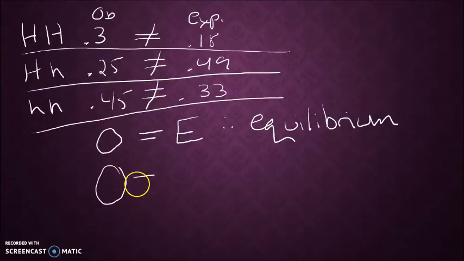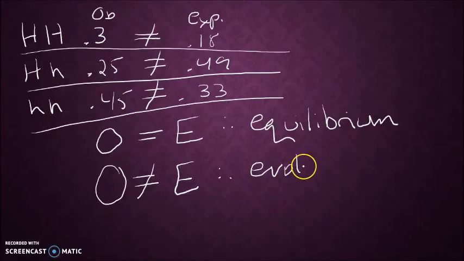If our observed does not equal our expected, they're not the same, then we have evolution. The population is changing. So here, not changing.